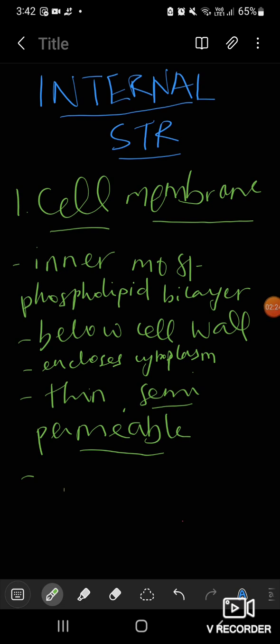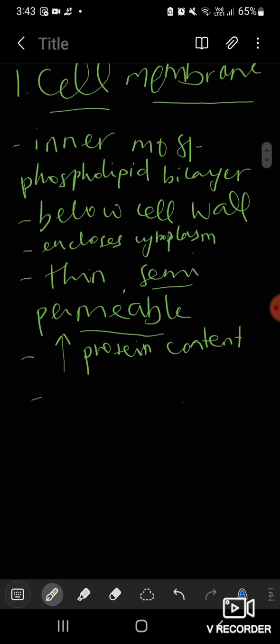These contain high amounts of protein, and they also contain unsaturated and saturated fatty acids.